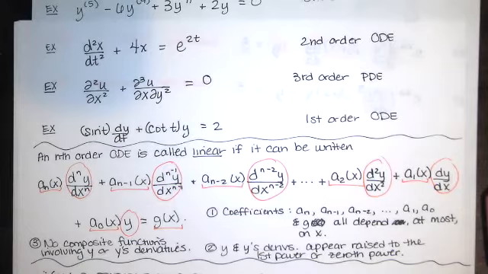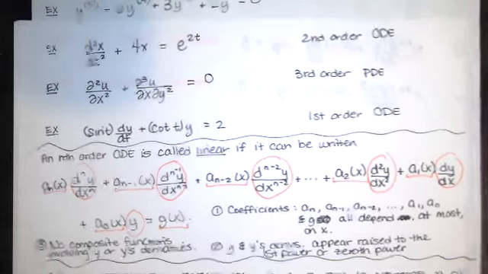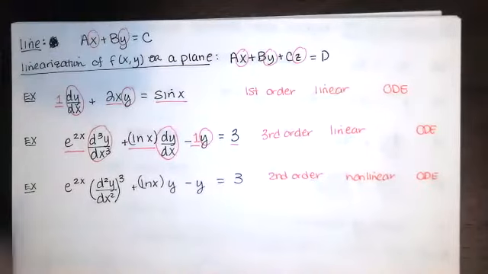You can't have that dependent variable raised to the 1/2 power. We can think of that as a composite function involving y or y's derivatives. If that happens, it's fine. It's just nonlinear, and nonlinear differential equations are a little bit harder to solve. So let's keep all of that in mind and look at a PDE.